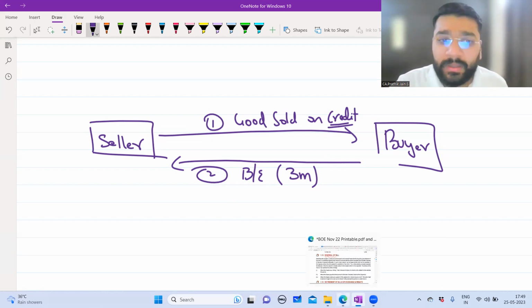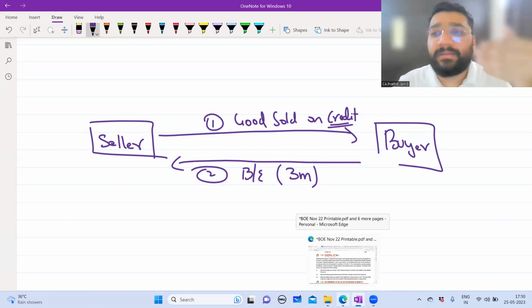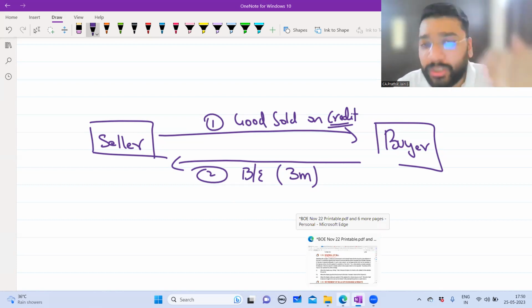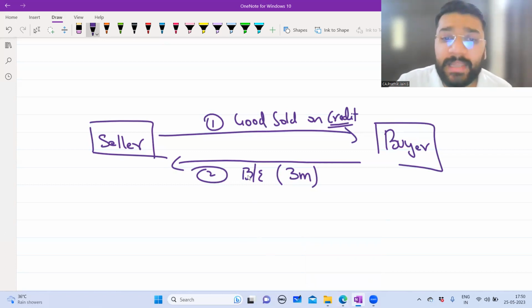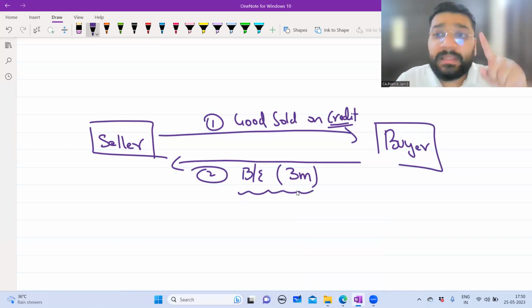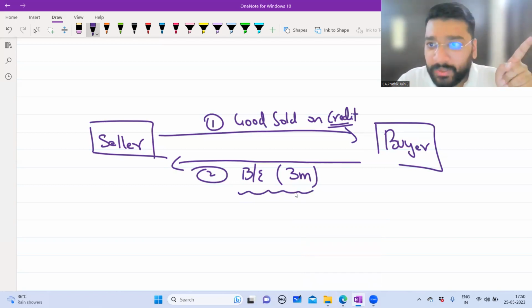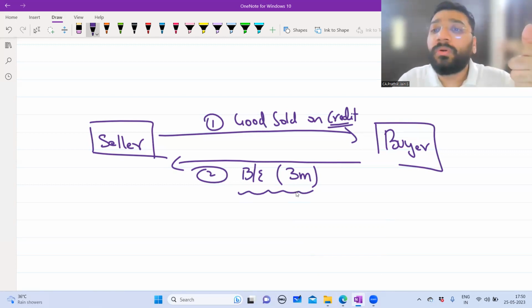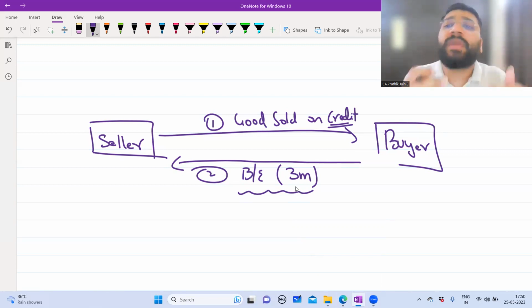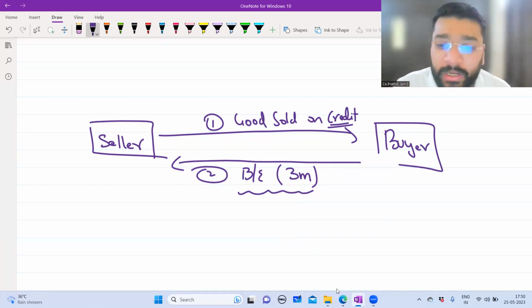So if a seller is granting a further extension period, then the old bill gets cancelled, because we have agreed, guys, in the last class that on the maturity date, the validity of the bill is lost. In any case, on the due date, the validity of the bill is gone. And now, since the extended period is given, you have to create a new bill. So the process of cancelling the old bill and, in place of that, creating a new bill with the extended period is called renewal of the bill.